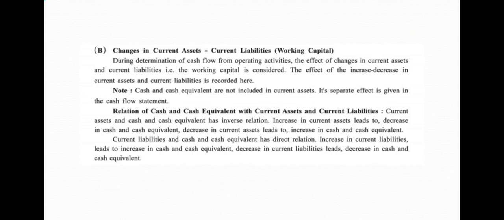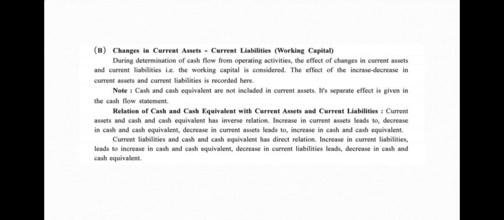First of all, current year profit is taken, then non-operating incomes are deducted from them, then non-cash transactions, provisions are added, and then financial expenses are added, and we get operating profit before changes in working capital, and then after changes in working capital is recorded, where decrease in current asset and increase in current liability is added, and increase in current asset and decrease in current liability are deducted.